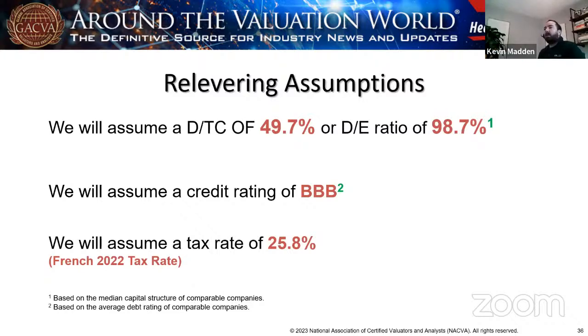Sure. Yeah. So to relever with the Hamada, we need a couple of inputs. First is going to be our capital structure. So for our case study, we can look at our comps, which here is going to be the median capital structure, a debt to total capital of around 50%, or in the Hamada, a simple way to view it as debt over equity, which is 98.7%.